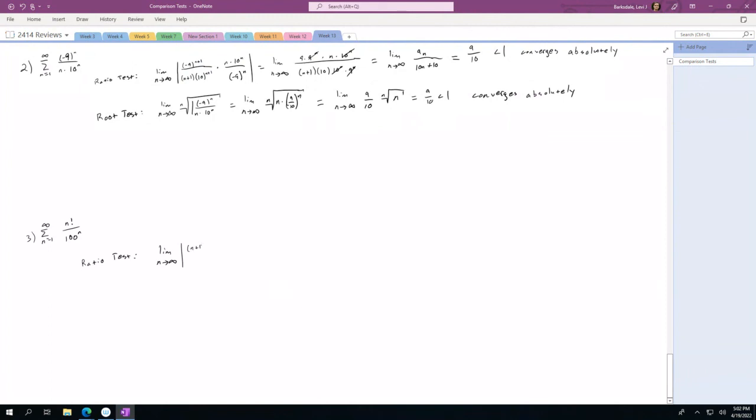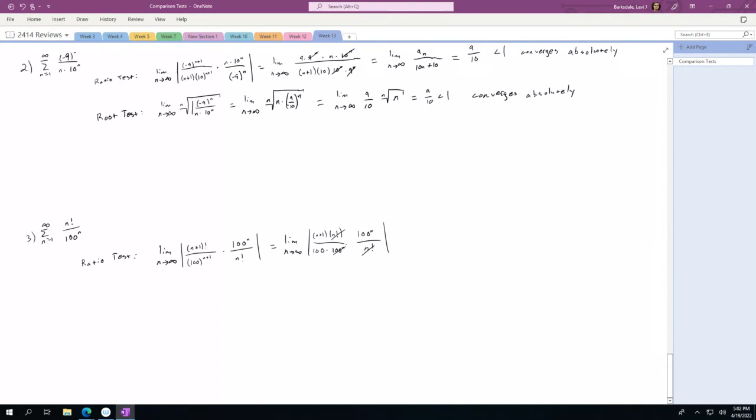So this is n plus 1 factorial over 100 to the n plus 1, and I'm just going to multiply by the reciprocal, so 100 to the n over n factorial, which is the limit as n approaches infinity of n plus 1 times n factorial divided by 100 times 100 to the n times n factorial.